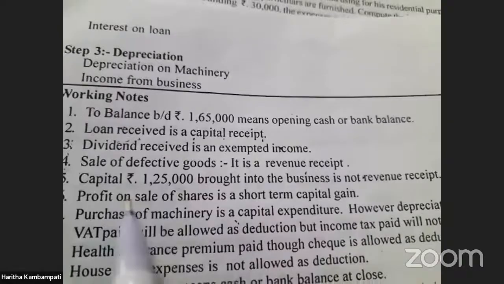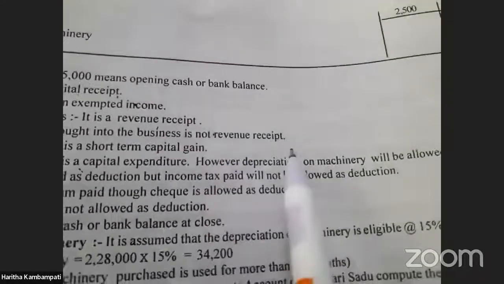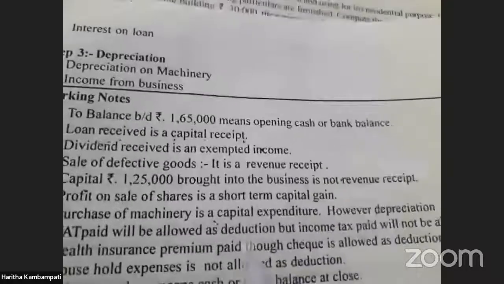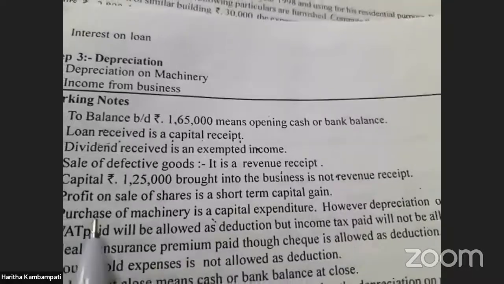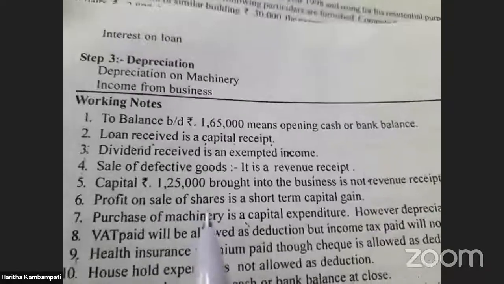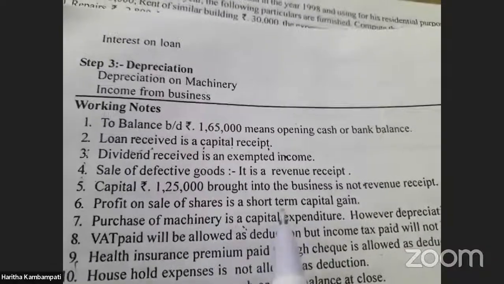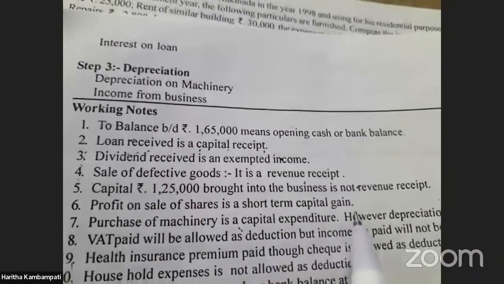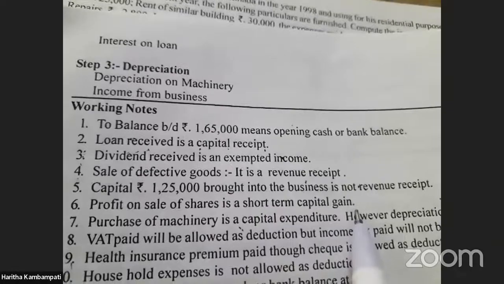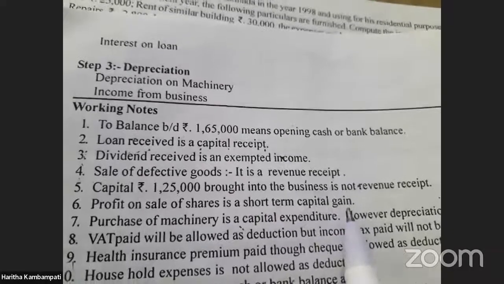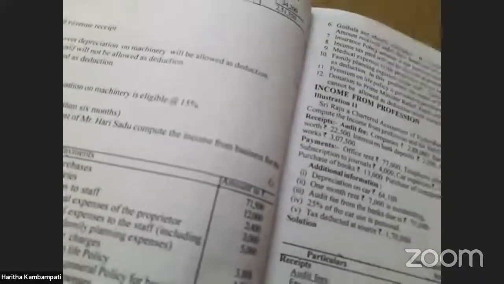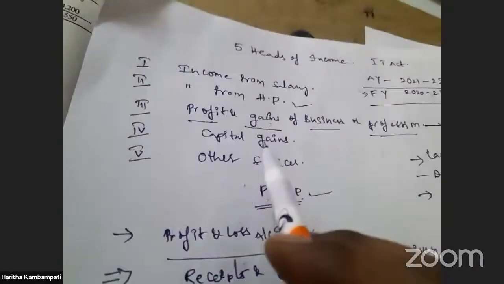Next, capital. Straight away this item is a capital receipt only, not revenue receipt. Profit on sale of shares is a short-term capital gain, means income from other source. Here I have mentioned these 5 heads.